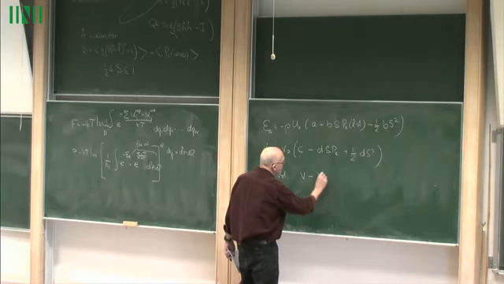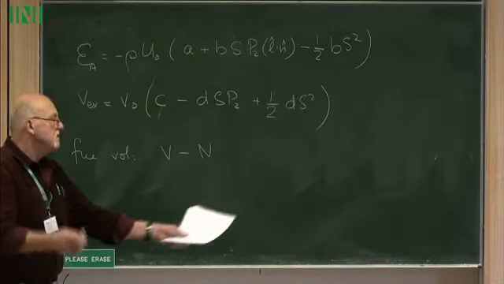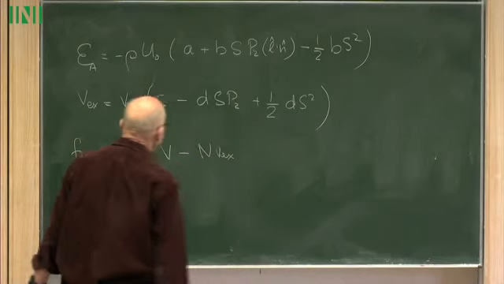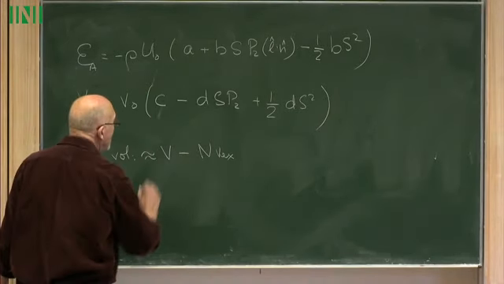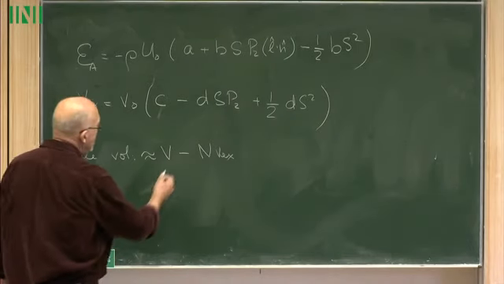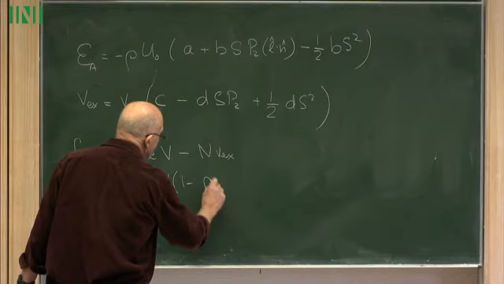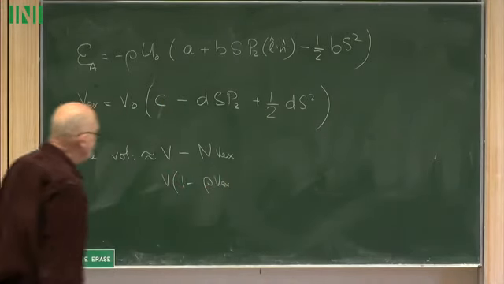So it's going to be the number of particles, number minus 1, same as the number, times Vx. Right? So this is the crudest estimate I can have. And if I factor out the volume, then I get 1 minus number density times the excluded volume.